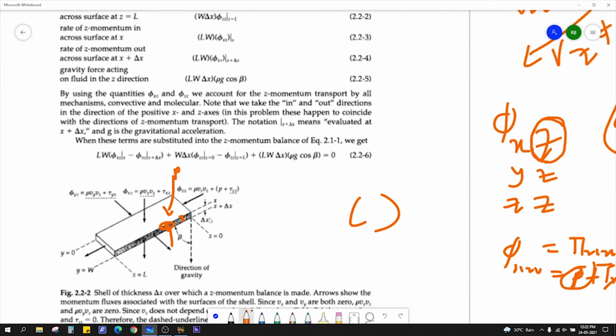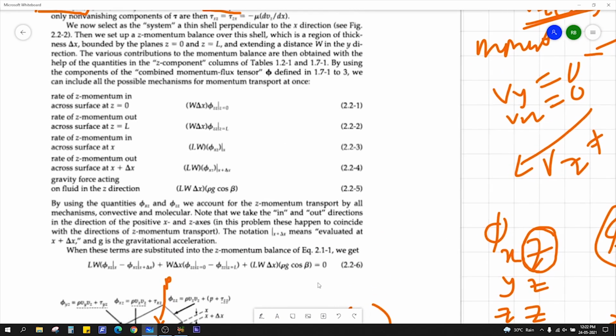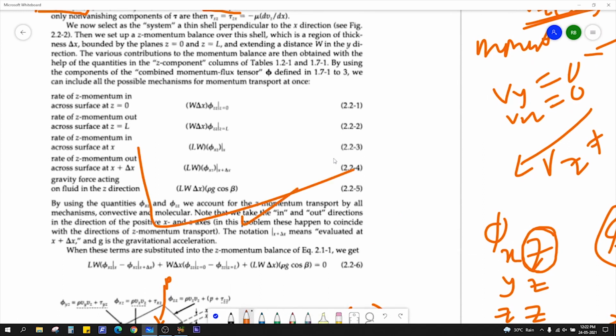So it's only a function of x direction. I think this part is clear. Now you just put it in the rate of momentum in minus out formula, so you'll get this one.